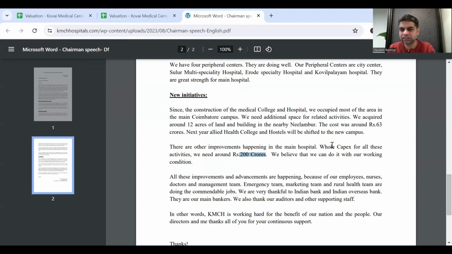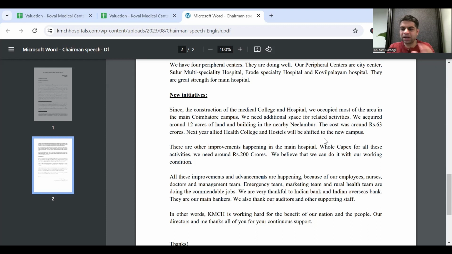And all of this seems to be maintenance capex and improvements. Plus there'll be some additional construction. They don't specify very clearly what they're going to build in that 12 acres of land. It could be repurposing some of the existing beds towards specialty procedures or what have you.